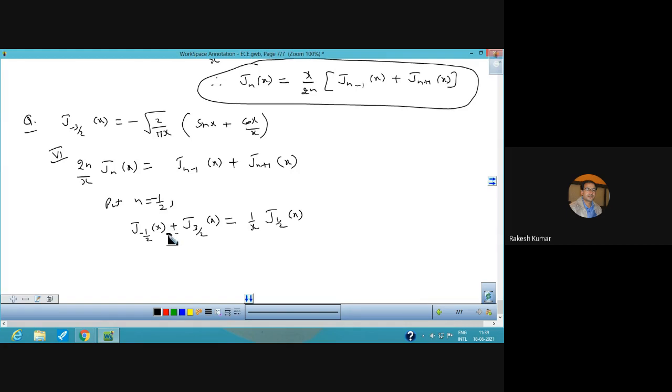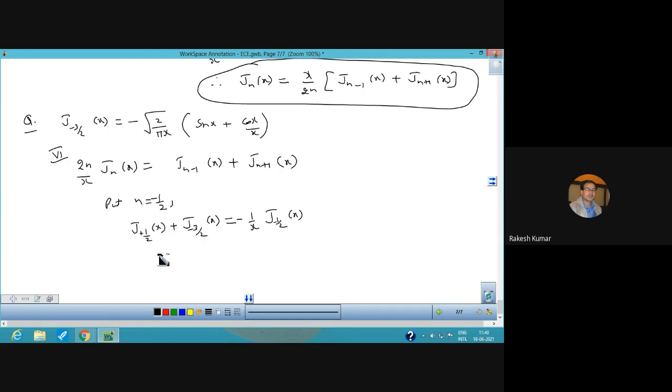So if you put minus 1 by 2, you will have minus 1 by 2 J minus 1 by 2 x, and this will be your positive value J 1 by 2 x, and that will be your negative value J minus 3 by 2.